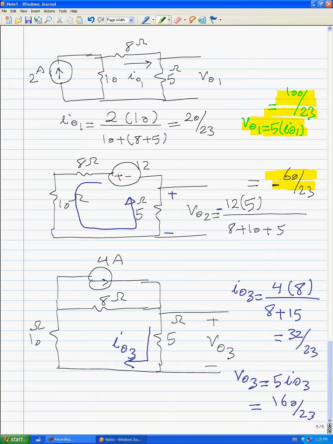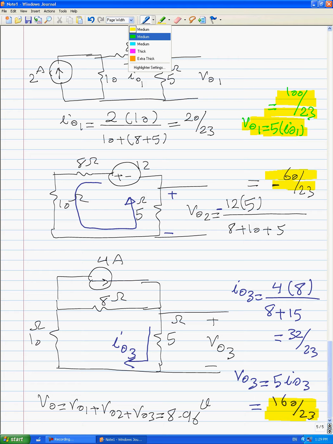And finally, V out is equal to V out 1 plus V out 2 plus V out 3, and is equal to 8.96 volts. This is the final answer for the original circuit. Be careful when you are adding.